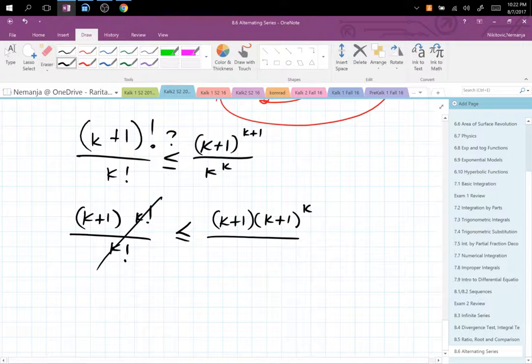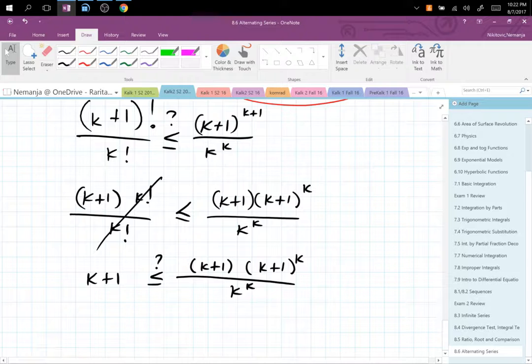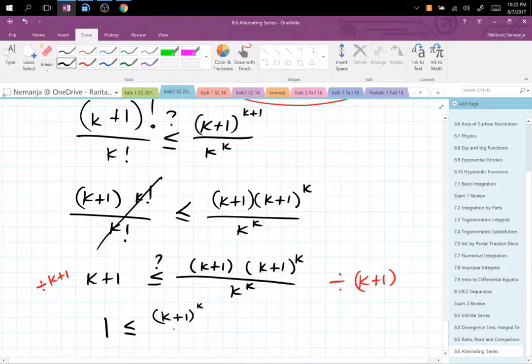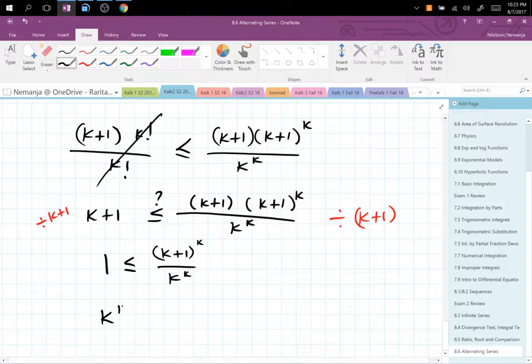Wait, hold on, this is supposed to be k to the k. There we go. So now what I have is k plus 1, and I'm asking myself if that's better or worse than this. Divide both sides by k plus 1. We get 1 less than or equal to (k plus 1) to the k over k to the k, and this is where you can bring k to the k to the other side, and it's proved.